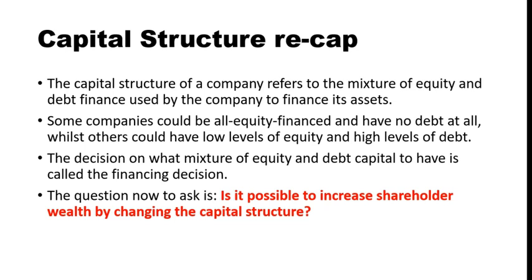They would expect more in terms of their returns. All right. So the cost of equity in the end will rise. So the capital structure of the company, which is the mixture of equity and debt, has a bearing on the WACC itself.